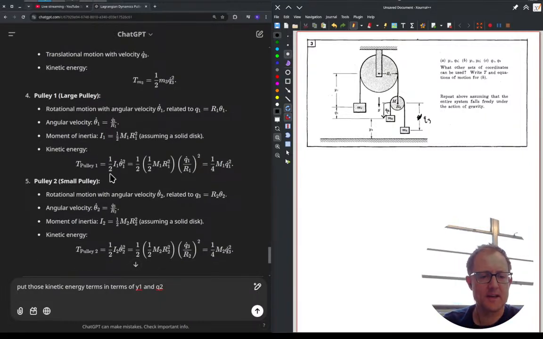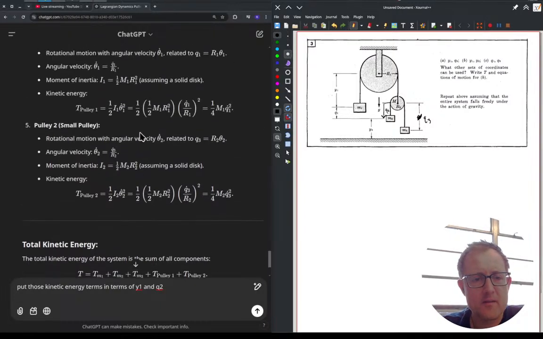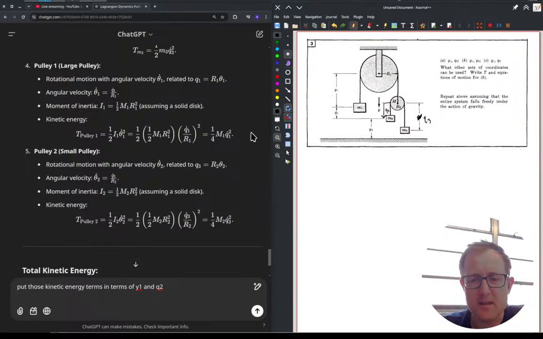I'm just double checking this equation because I was thinking that this would be like a 1/2 m theta dot squared. It's telling me that theta 2 is Q3 dot over R2, and then it's 1/2 M2 R2 squared.